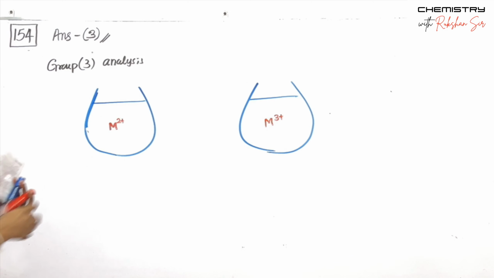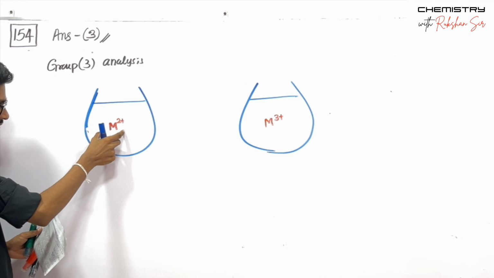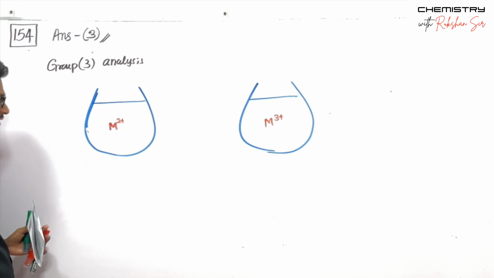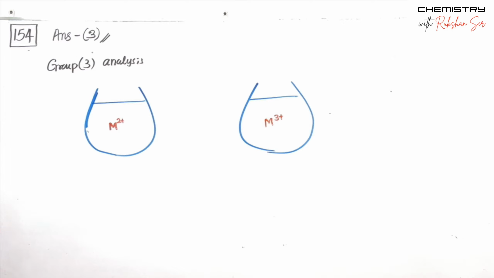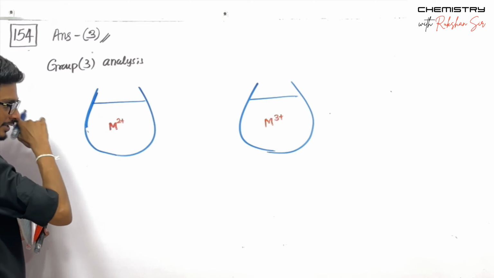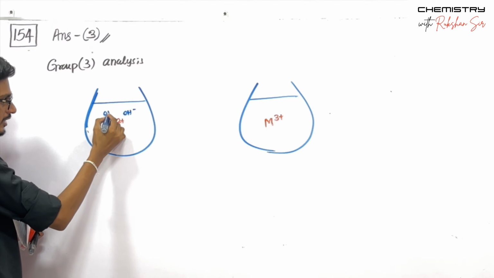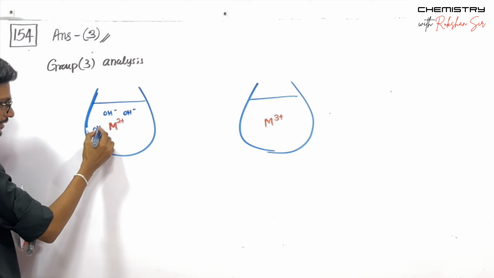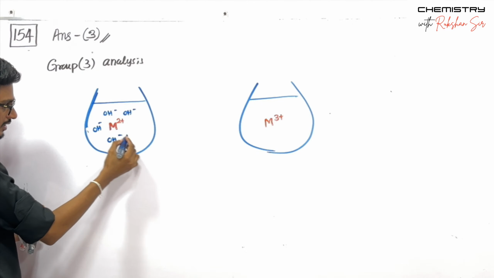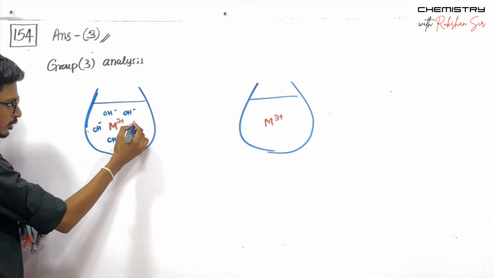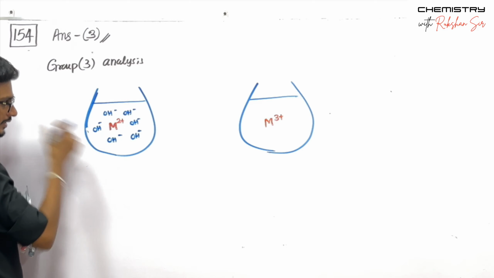To precipitate the hydroxides, as the 2 plus charge is low, its charge density is low. So to attract the hydroxide anions, the anions should come much closer to the cations.